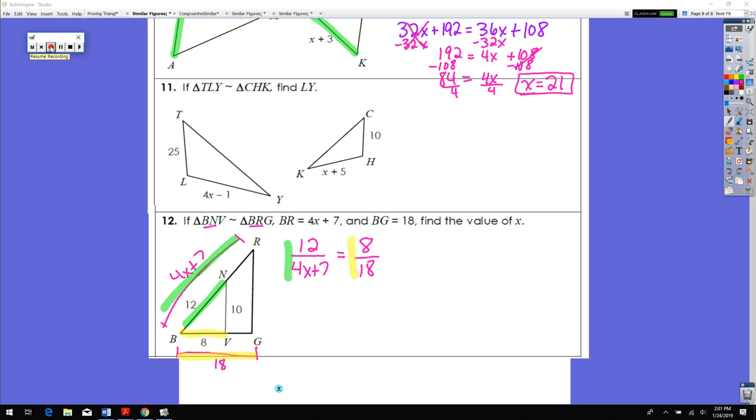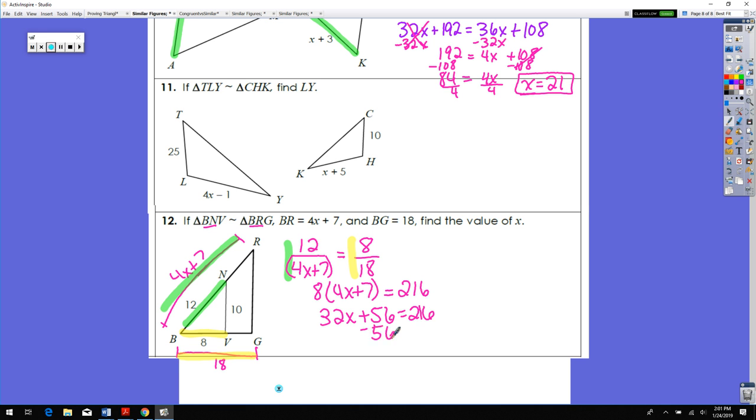So now we're going to cross multiply again. Put this in parentheses. I'm going to start with 8 times 4x plus 7 equals 12 times 18, which is 216. Distribute: 32x plus 56 equals 216.